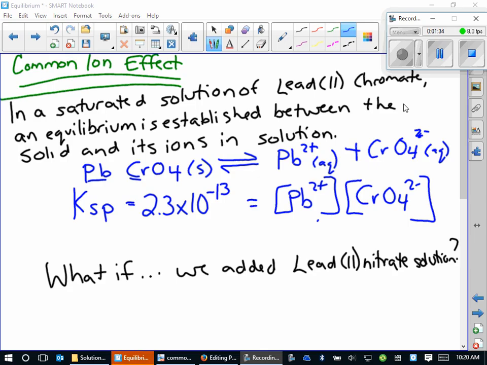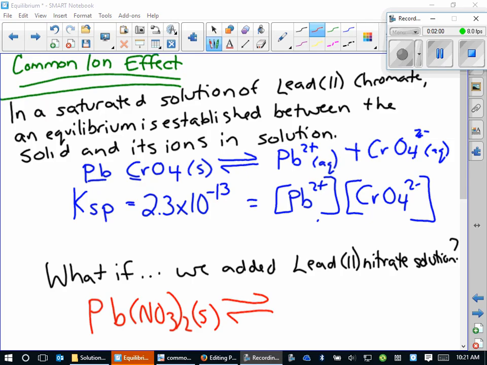Okay, but what if we added PbNO3, lead nitrate solution? So what if we were to add to this a solution of PbNO3 in equilibrium?